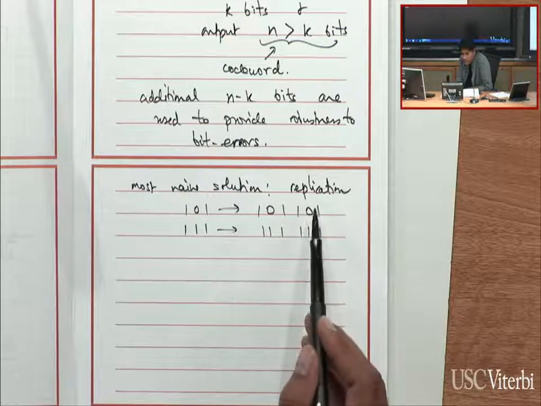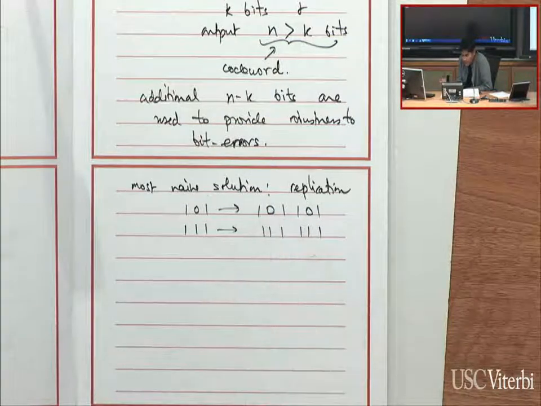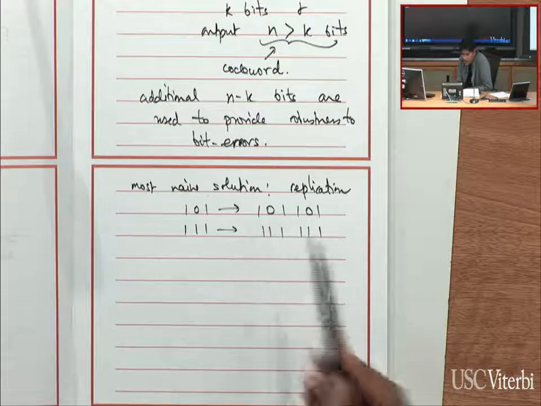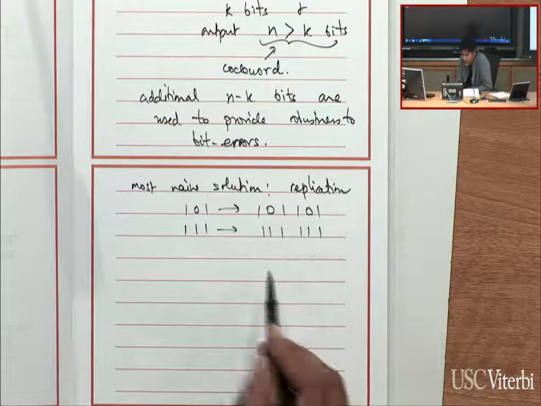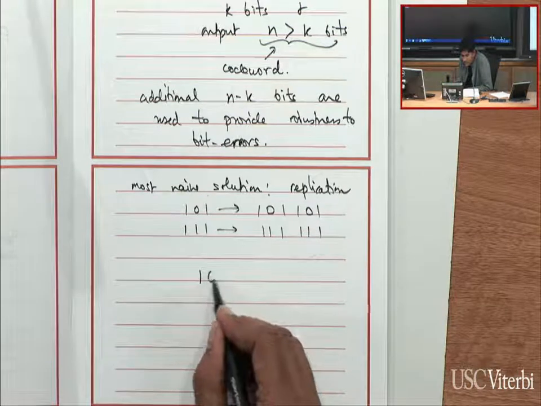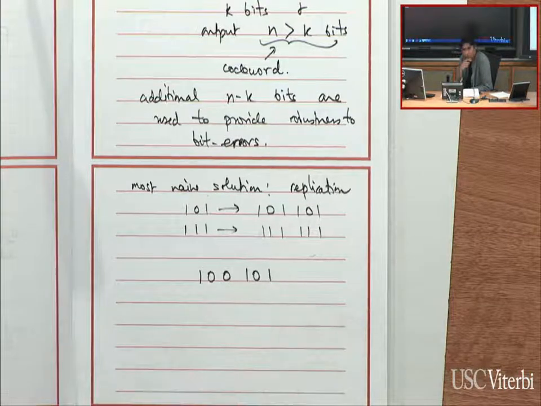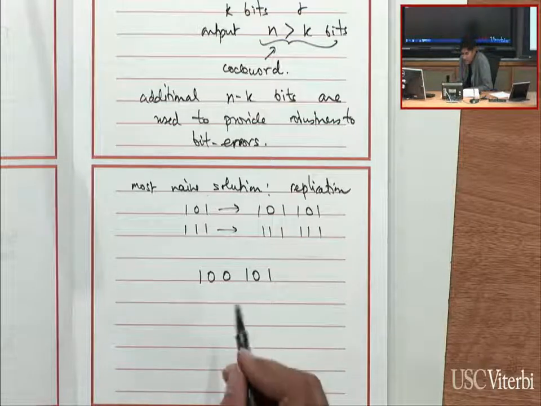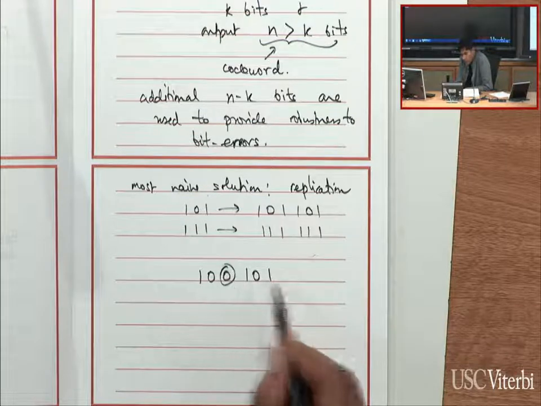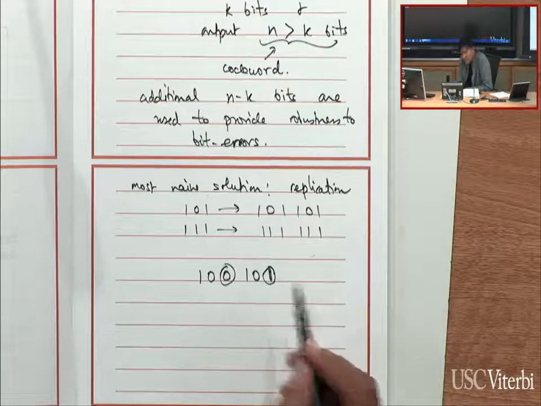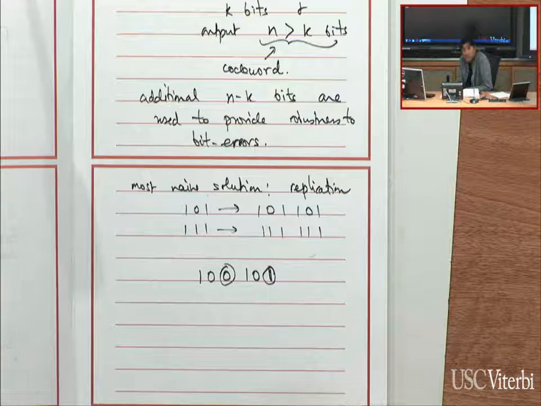It's going to help me with detecting if there is an error. But in this simple example of just replicating it once, several things can go wrong. One thing is, if I do find at the receiver that one of the bits got flipped, let's say what I received was 100101, I actually don't know which of the two events happened. Is it that this 0 was a 1 that flipped into a 0? Or was it this one that used to be a 0 but got flipped into 1? I just know that there's an error in this bit.